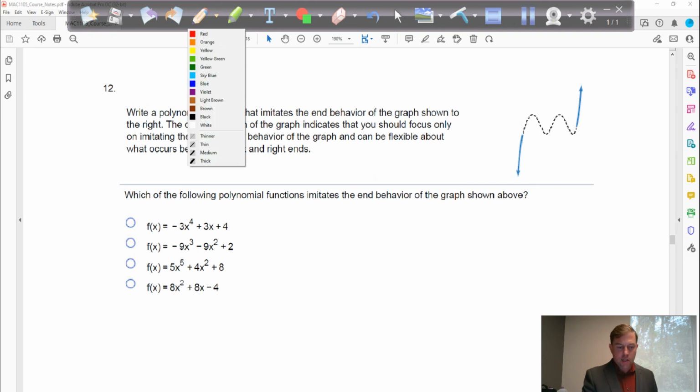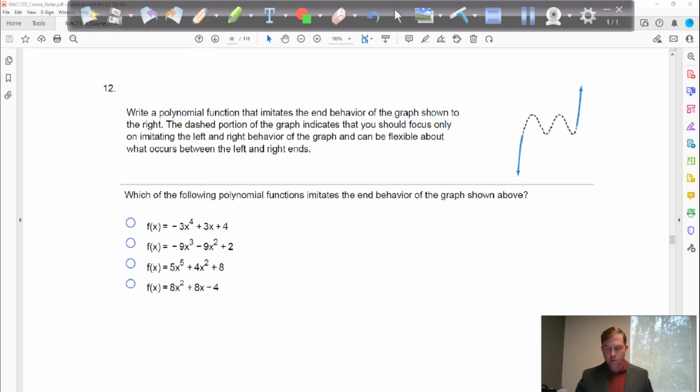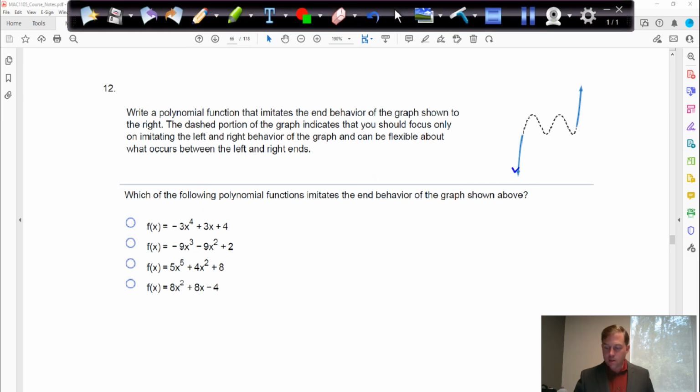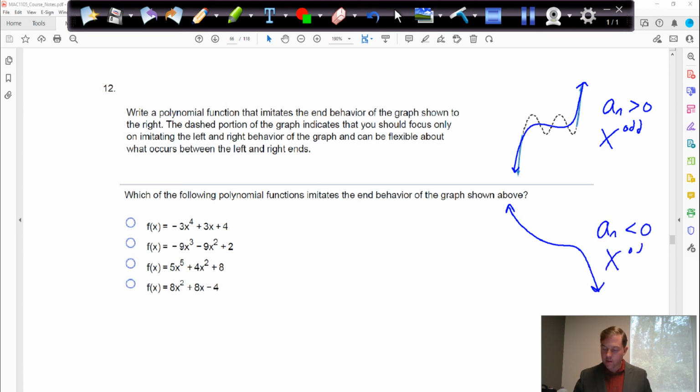Okay, similarly in number 12, the last problem, it's a sideways S type of problem, and it's falling to the left, rising to the right. That's the case where an is positive and x is to an odd power. If it rises left and falls right, that's an is less than 0, and x is odd.